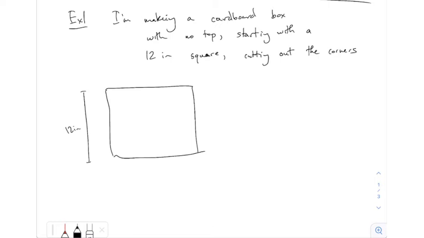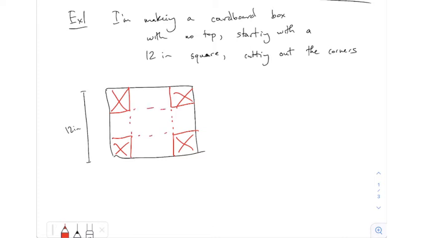I'm going to make a cardboard box with no top by cutting, like here, cut out that part, and that part, and that part, and this part, right? And then you fold along the dotted lines, right? And it makes a rectangular box with no top.